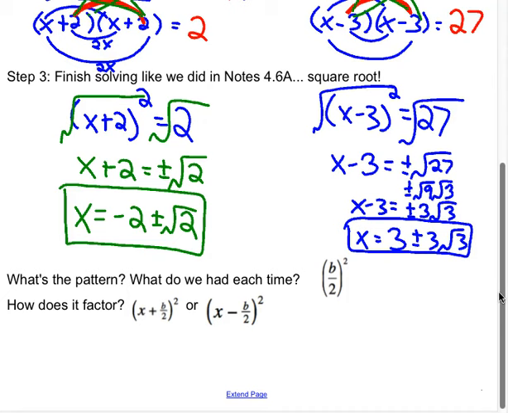So if you don't want to have to go through and write this so many times, you could use that pattern that you're adding b over 2 squared to both sides of the equation and then factor from there. That's what always ends up happening.